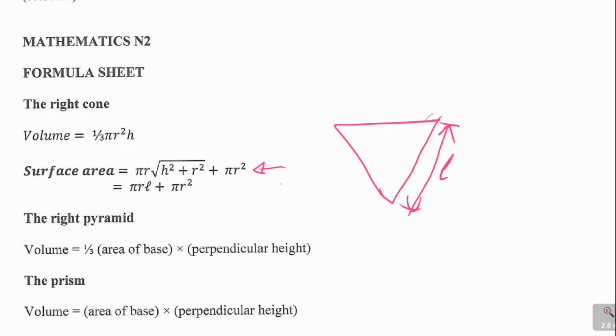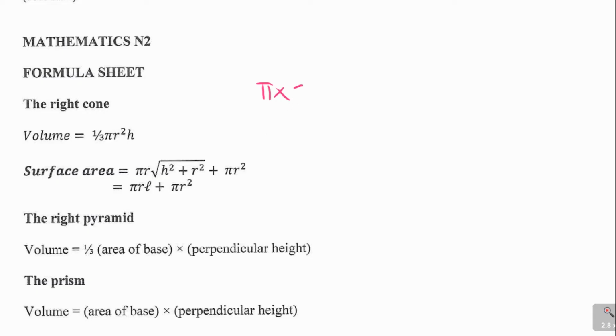So what you have actually, because I don't want to rewrite this formula, let me work it from here. It will be pi times r, it was 3 centimeters, remember, square root of h was what? Was 12, if you still remember.